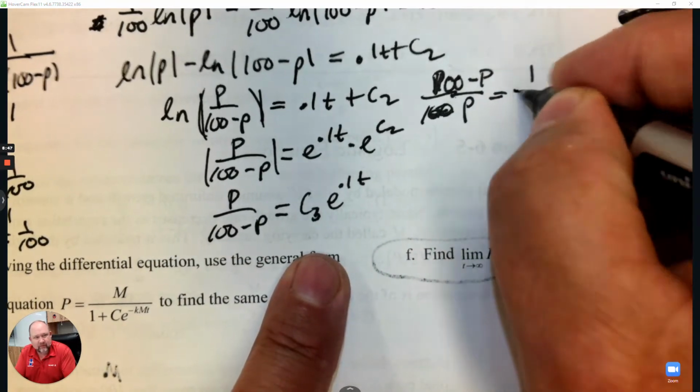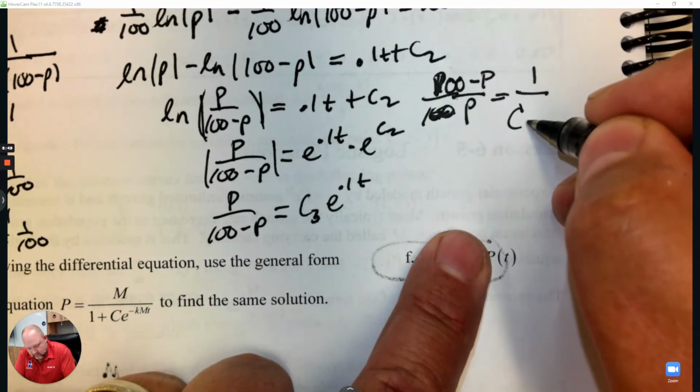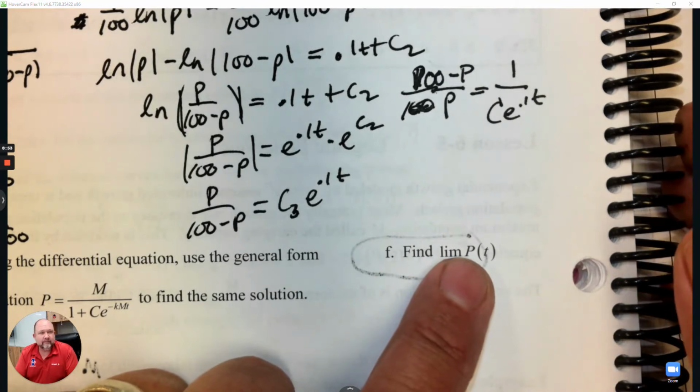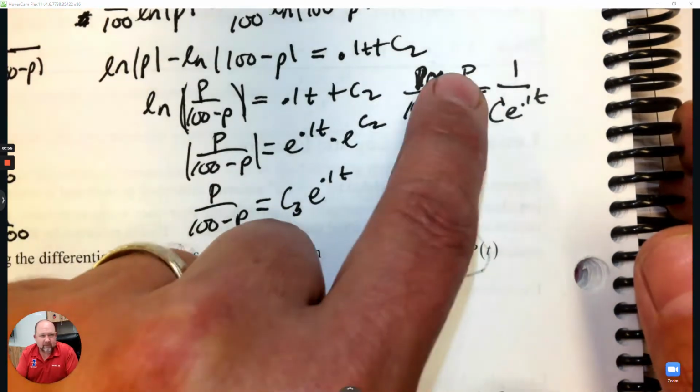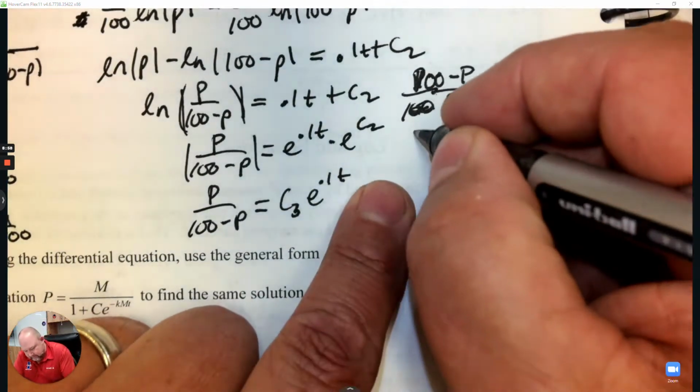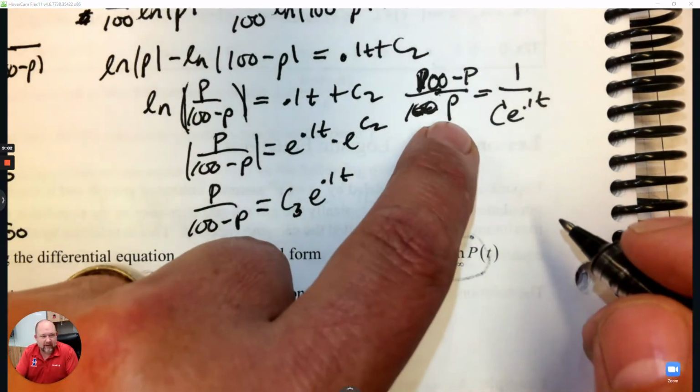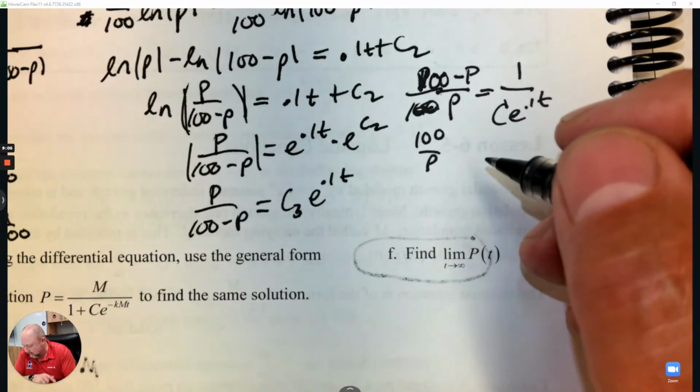And then this just flips it like this. Now I'm going to separate this. So it's 100 over P. Now P divided by P is -1, but I'm going to add it to the other side.